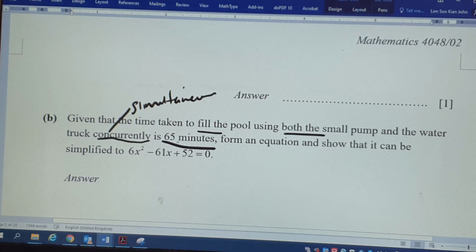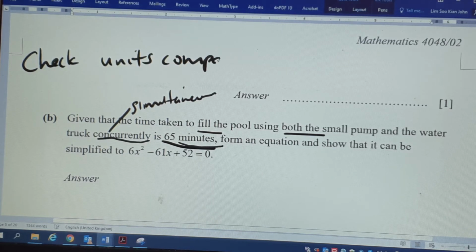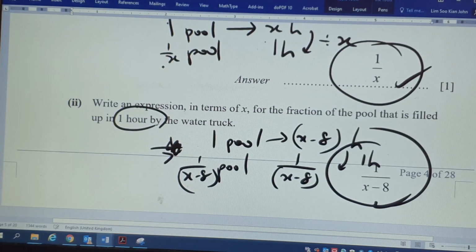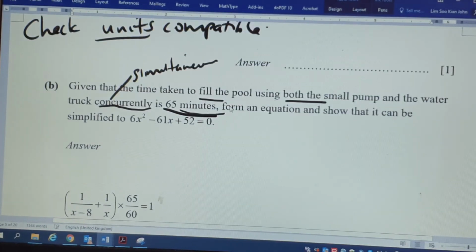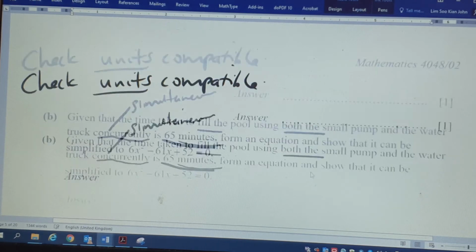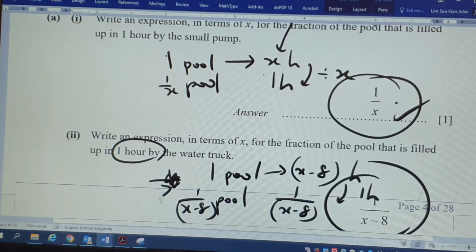Be very careful. This 65 minutes, you must check whether the units are compatible or not. That means are we talking about the same type of units? If you refer to the previous part, we're talking about hours, but now we're talking about minutes. Different, right? So we are not going to change this to minutes, waste time.